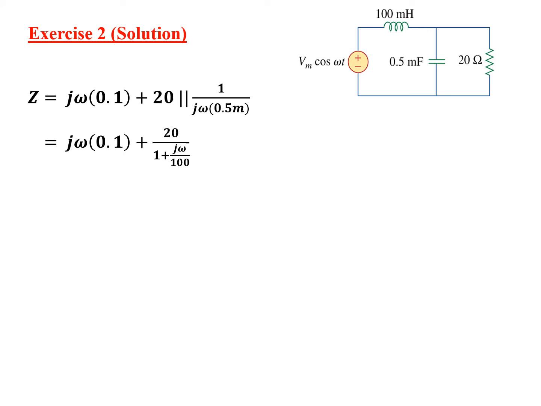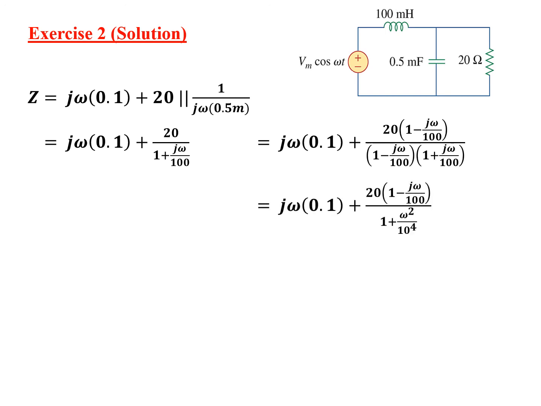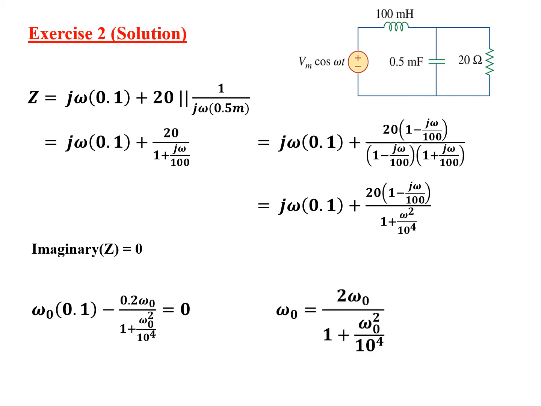By doing that, you have this equation, and by multiplying the complex conjugate pair, we will have a new equation which is jω0.1 plus 20 multiplied with 1 minus jω over 100, divided over 1 plus ω squared over 10 to the power 4. Noting that the imaginary part is 0, we'll just take the imaginary terms and solve this equation. In the end, we'll get ω0 is equal to 100 radians per second.